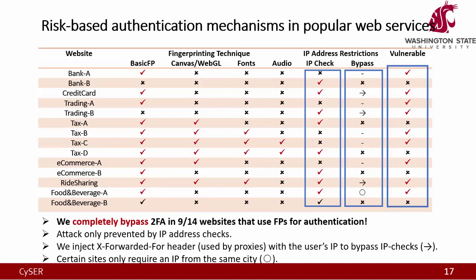So the idea is to have a more secure authentication mechanism. We want to combine several factors. Let's say we use cookies and we use fingerprints. We make the attacker's life harder, because in order to perform this attack, the attacker first needs to steal the user's cookies.